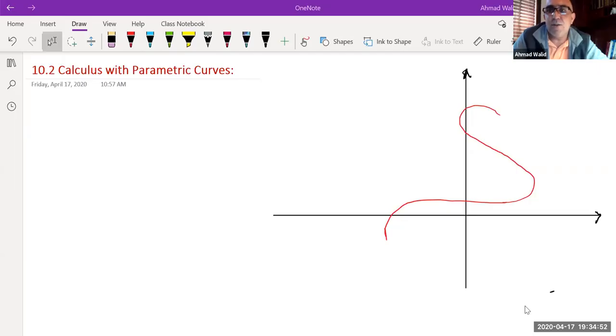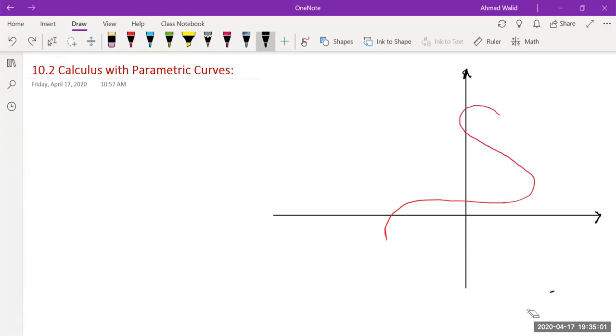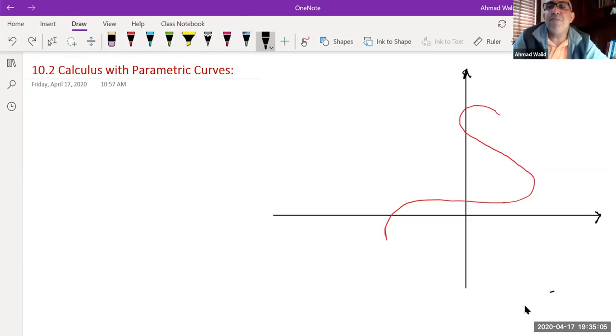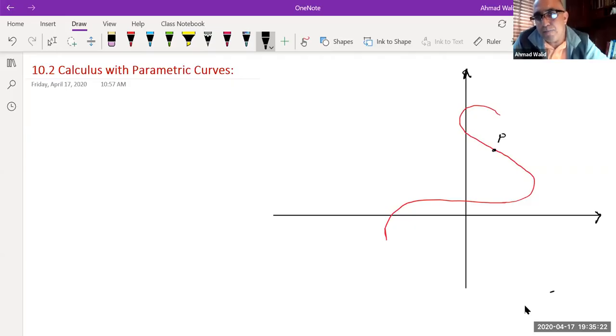If I have, for example, a point on this curve, let's name this point P. Is this point P defined on this curve as a function of y?